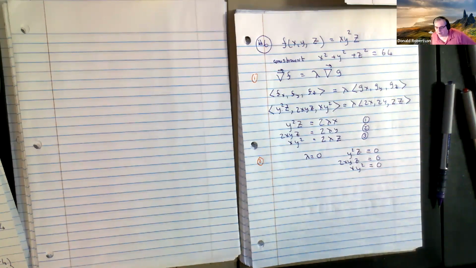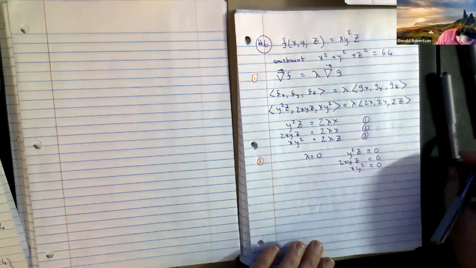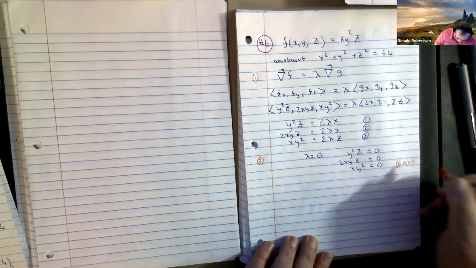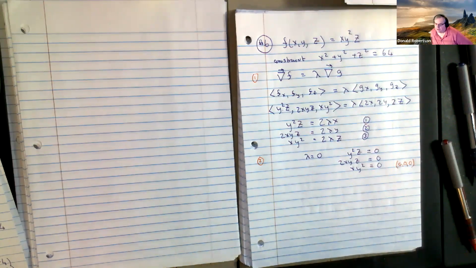Are you comfortable with that connection? Now, although it looks messy, it's actually not that difficult. The only way this is going to be true is if all three of them are 0. Would you agree? You need an x to be 0, a y to be 0, and a z to be 0. You wouldn't be able to do every combination. Just trust me, 0, 0, 0.